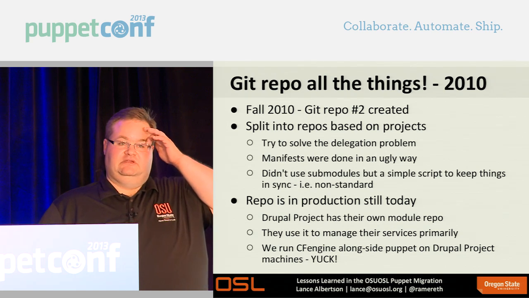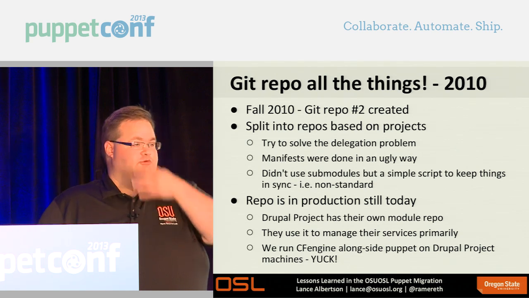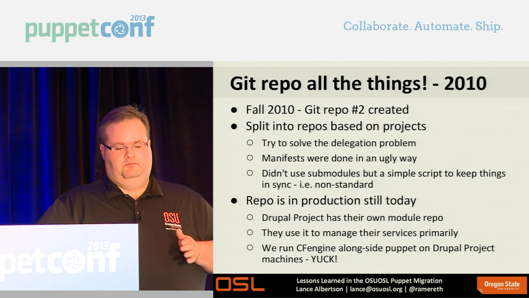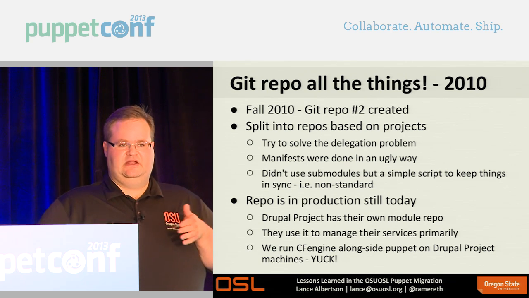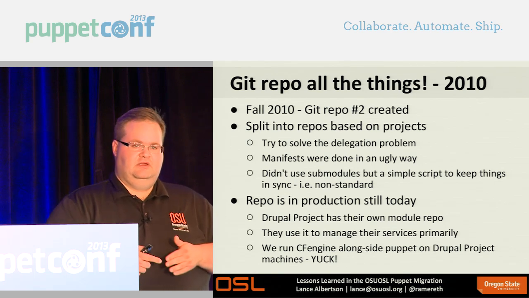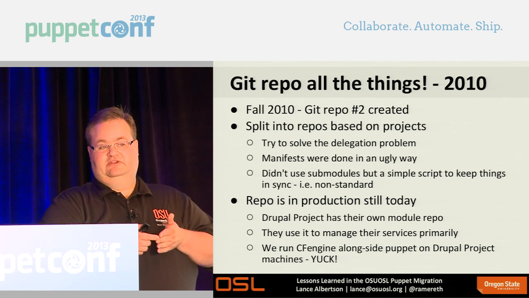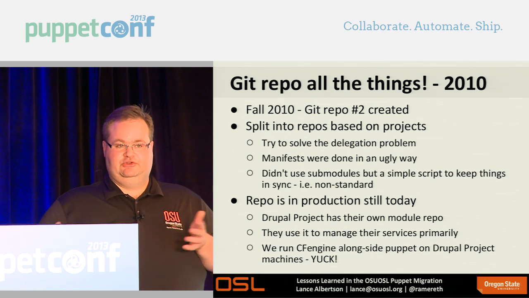What ended up happening is the Drupal project, historically we managed everything with the Drupal project. But as they grew, they outgrew what we could do for them. And their volunteer infrastructure group grew to the point that they actually could start doing stuff on their own, and we didn't have to do everything.